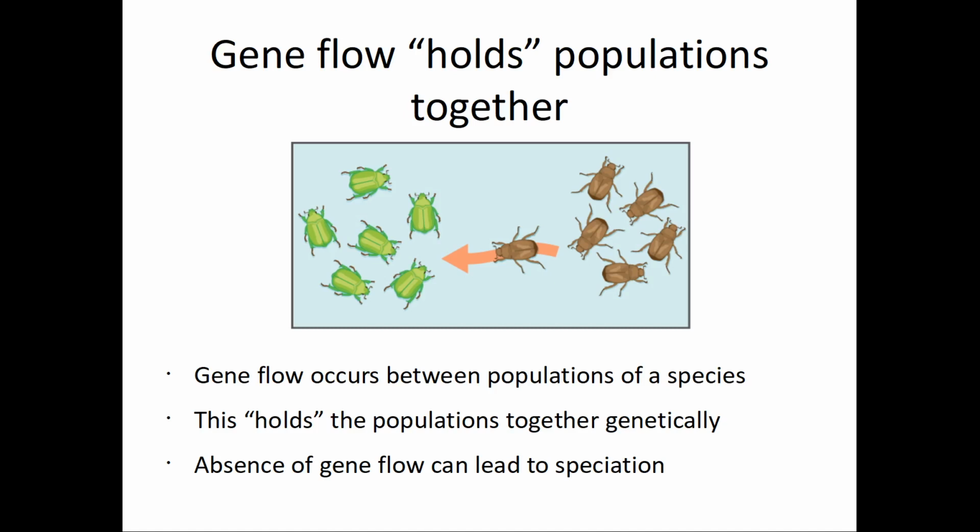All right. So gene flow occurs between populations of a species. So it says gene flow holds populations together. So in other words, if you look at these two groups, populations of bugs, we've got a brown beetle on one side, a green beetle on the other. Maybe they're the same species, maybe they're not. But the way that they remain the same species is as long as there's genes flowing between the two populations, they'll remain, in theory, the same species.